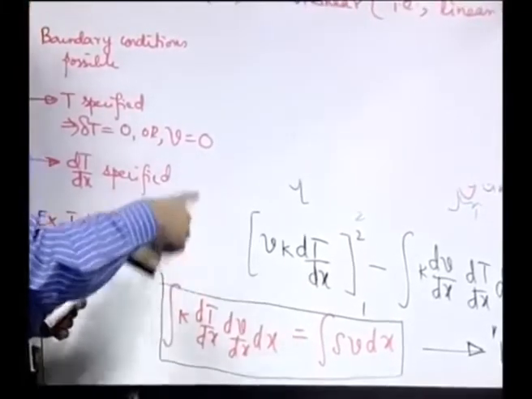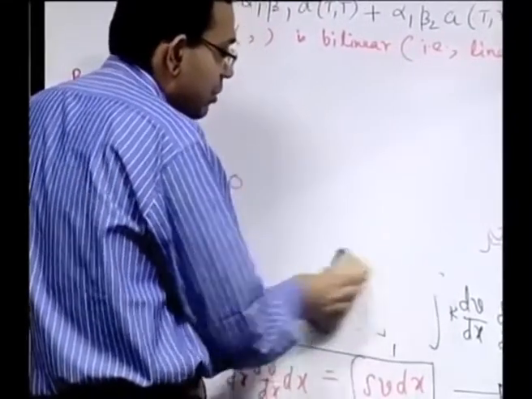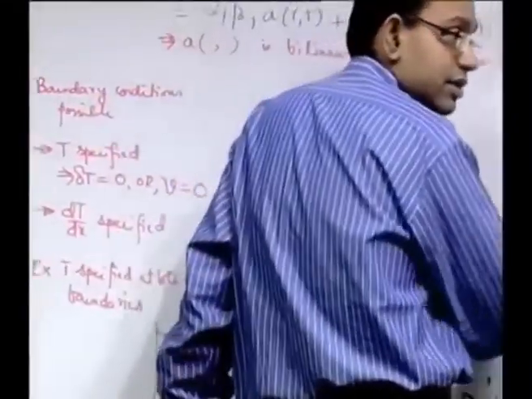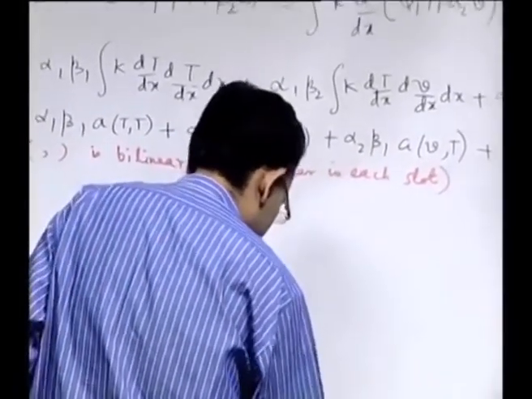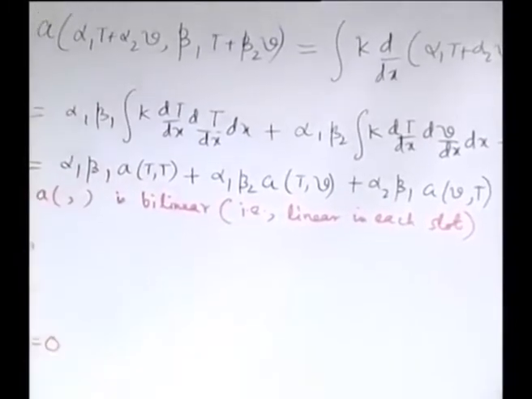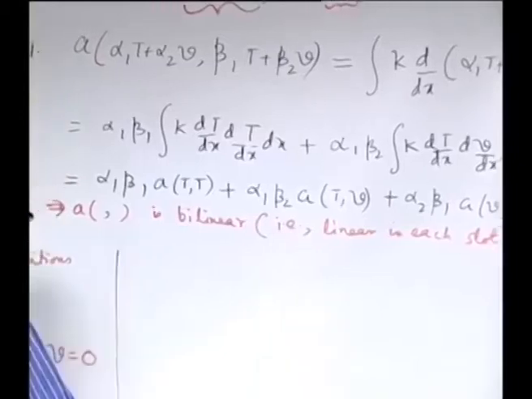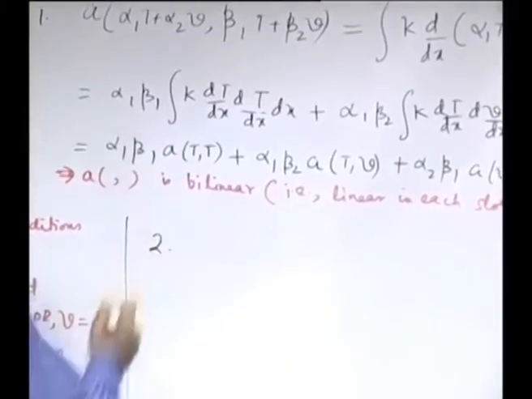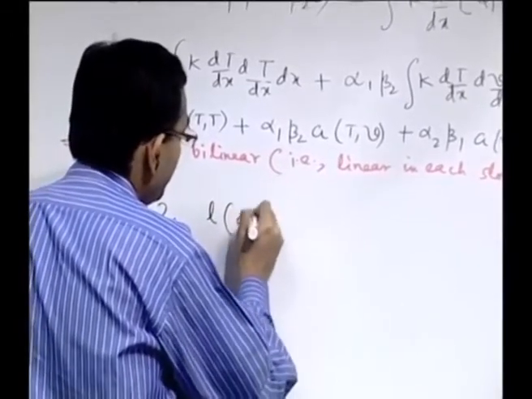That is what we call symmetric, which we will come to next, but there are many operators which need not be symmetric. So the second observation, L(alpha T plus beta V).